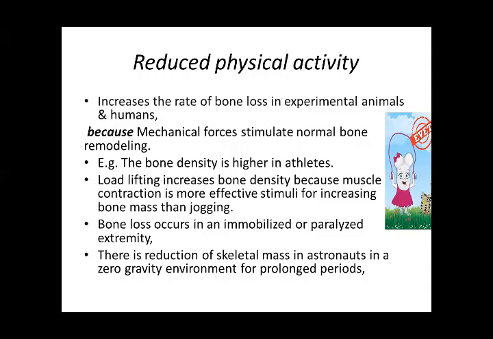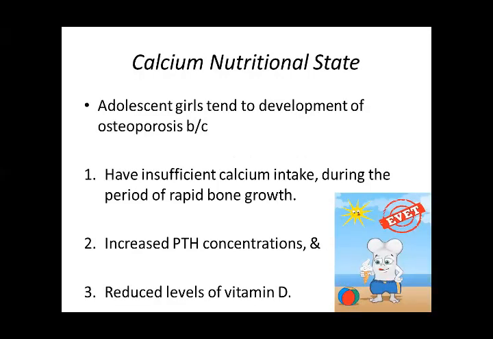Bone density is higher in athletes; weight lifting will increase the bone density because muscle contraction is the most effective stimulus for increasing bone mass, and so is jogging. Bone loss occurs in an immobilized or paralyzed extremity. There is reduced skeletal mass in astronauts in zero gravity environments for prolonged periods. So if there is no gravity, people are more likely to get osteoporosis.